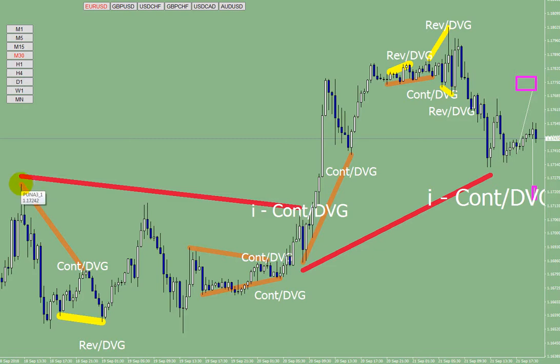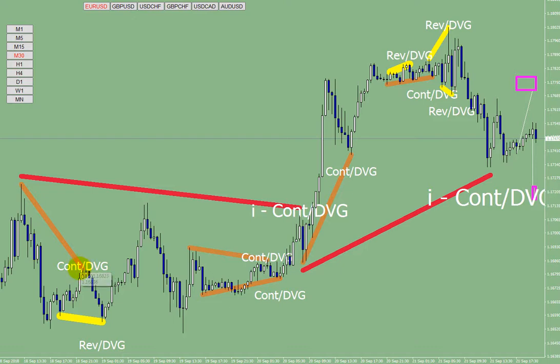What this divergence basically says is that the stochastic reading at this point was actually lower than at this point with a lower price reading, or basically it got more overbought on the second instance versus this one here, and this divergence would have to be resolved.